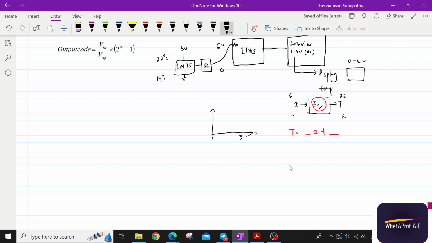At this time x is 0, and at 5 it is actually 22. Now can you create the equation for this line? Y equals mx plus c. Create the equation. Try first.